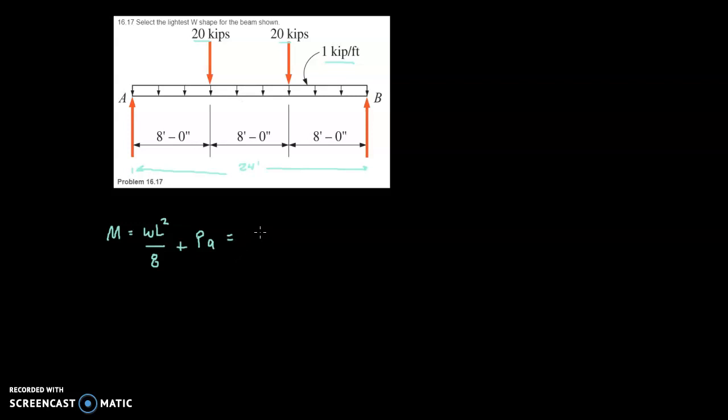So the W distributed load is 1 kip per foot. The overall length of the beam is 24 feet squared over 8 plus P, the concentrated load, is 20 kips times A, the distance A is 8 feet.